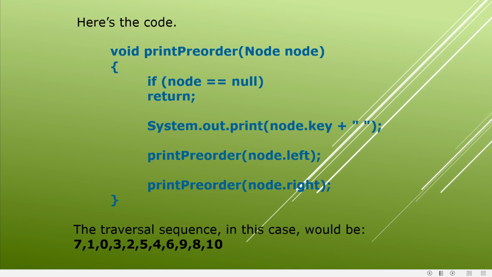The left subtree is almost done, and now we will traverse the right subtree. The root's right node is 9, and it has left child 8 and right child 10. The order for preorder traversal is root, left, and right.